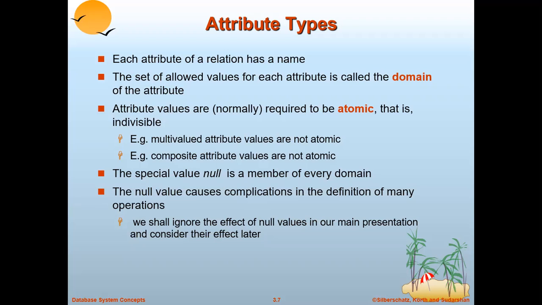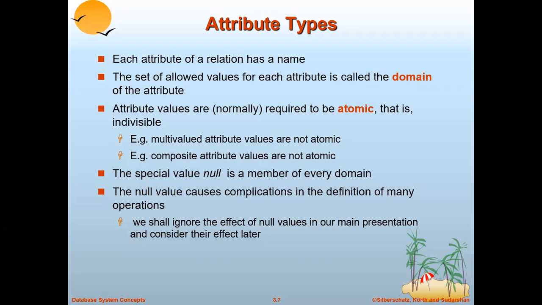Attribute values are required to be atomic, that is indivisible. So the values should not be divisible. Indivisible means we should not make different parts of them. Normally such a value is required as an attribute value, but in some cases there are exceptions.